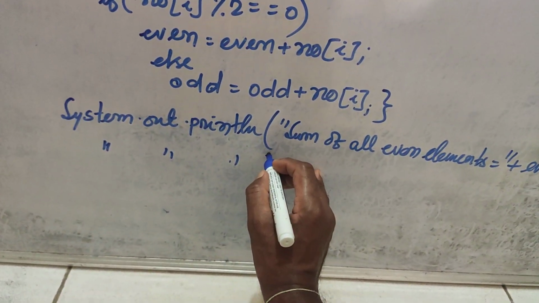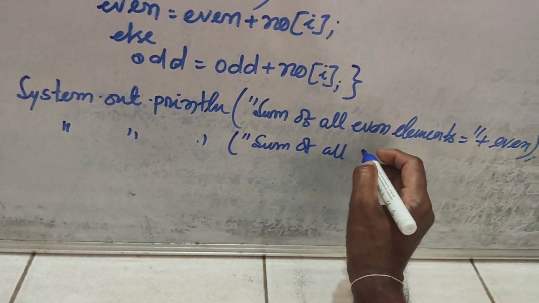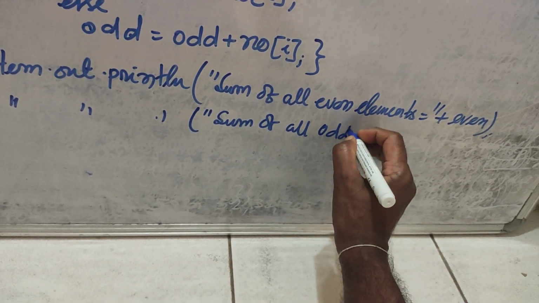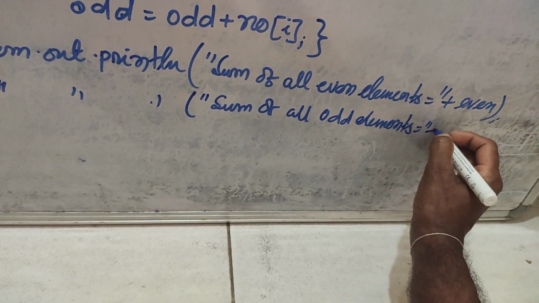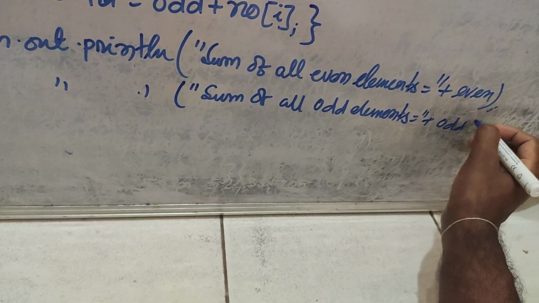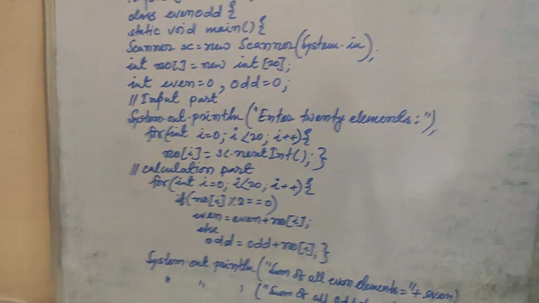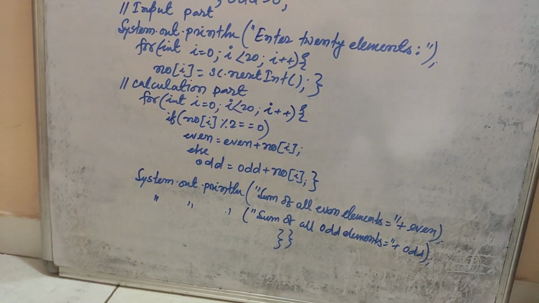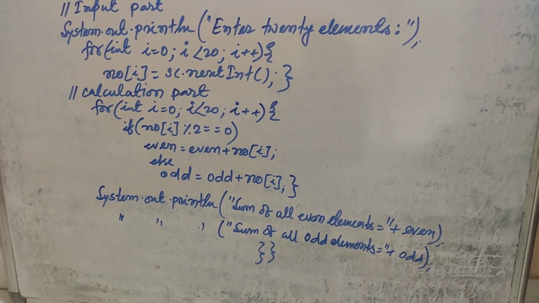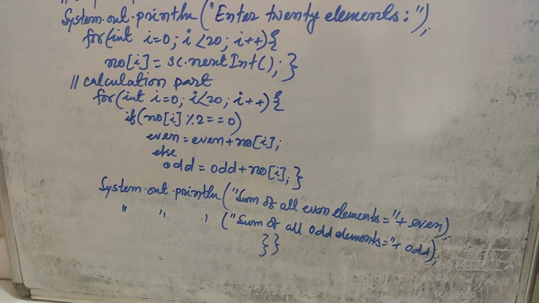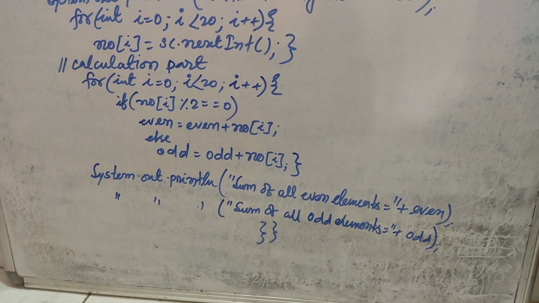System.out.println: sum of all odd elements, with the variable odd. So the sum of all even elements equals the variable even, and the sum of all odd elements equals the variable odd.